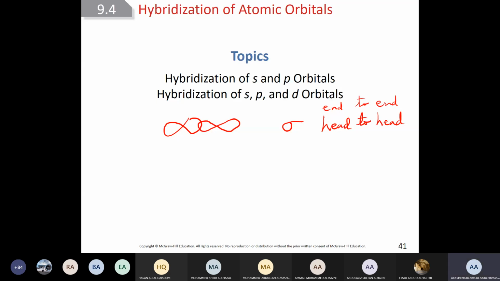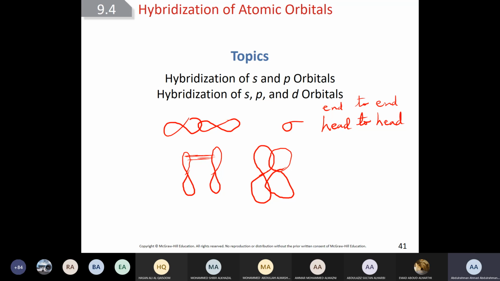But if the interaction is like this, the p orbital is interacting with the other p orbital side by side.